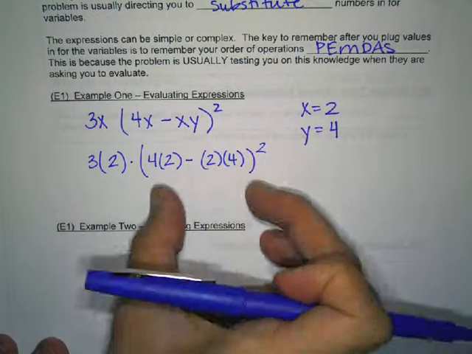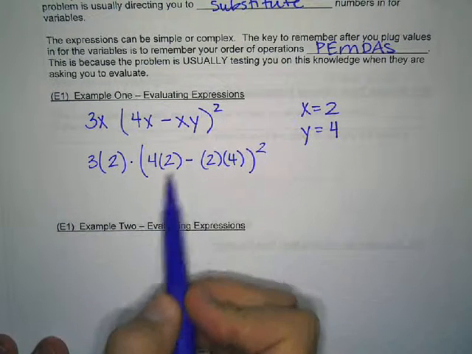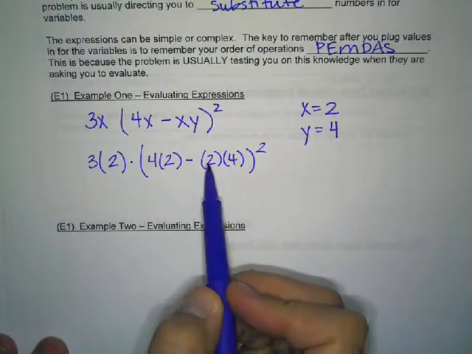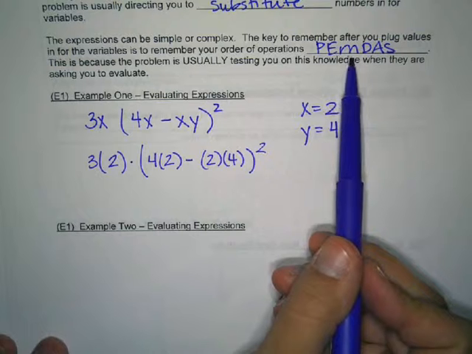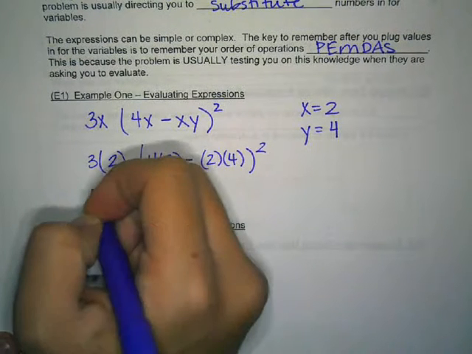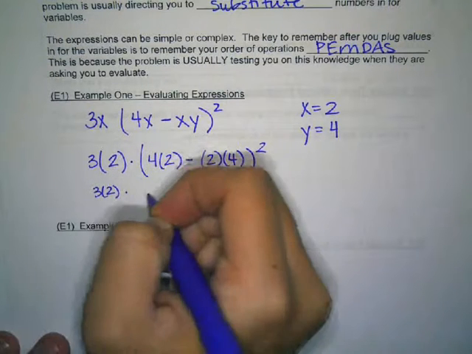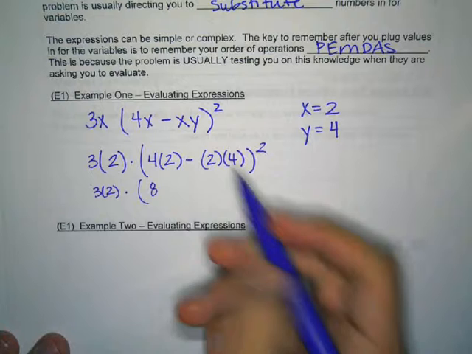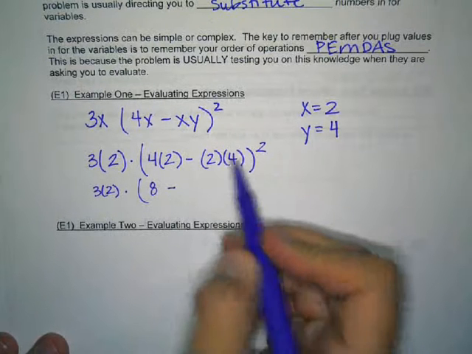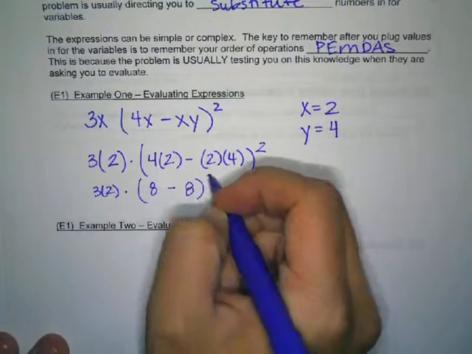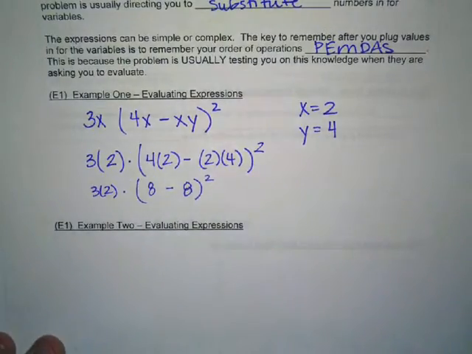So inside the parentheses, we have a multiplication, a subtraction, and another multiplication. So we have to do multiplication first before we do addition and subtraction. So in parentheses here, I'm going to multiply 4 and 2 together to get 8. And then I'm going to multiply 2 and 4 together to get 8. Which gets me 0.